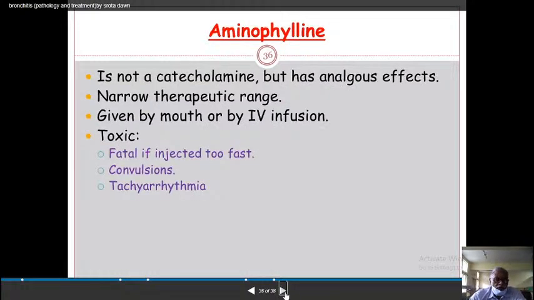So aminophylline is not a catecholamine but has analogous effects, and a narrow therapeutic range, and is given by mouth or by intravenous infusion. Toxic, even fatal if injected too fast: convulsions and tachyarrhythmias.